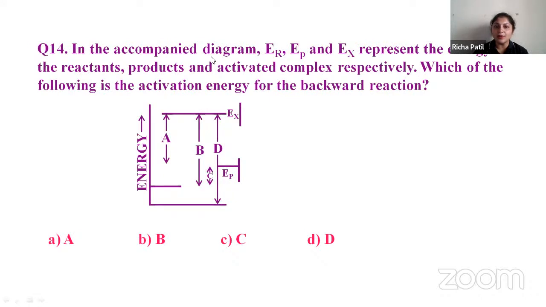In the accompanying diagram, ER, EP, and EX represent the energy of the reactants, products, and activated complex respectively. Which of the following is the activation energy for the backward reaction?